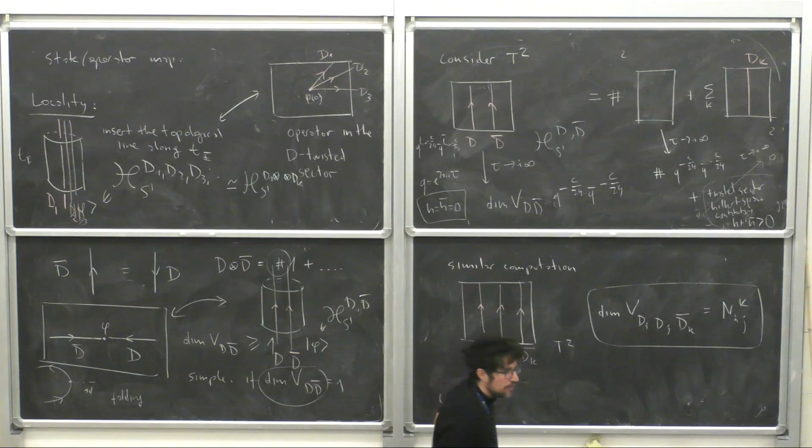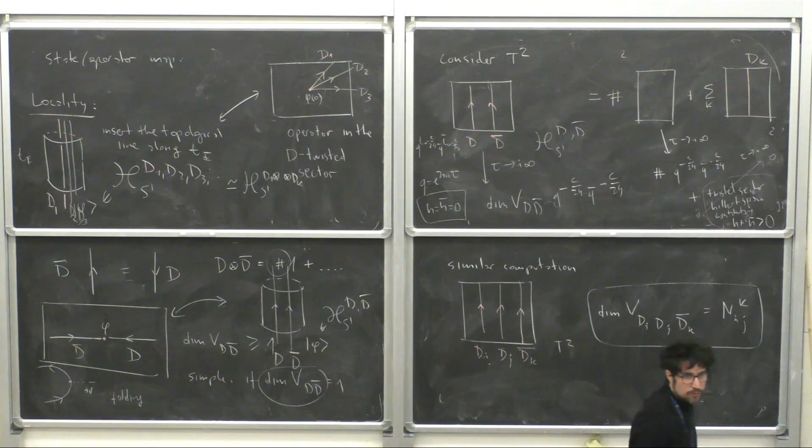I think that if you do that, you will end up with a vacuum state which doesn't have unit norm. It will affect the normalization of the vacuum.